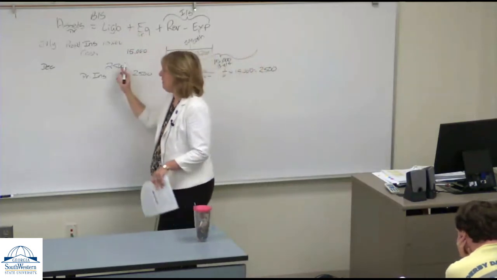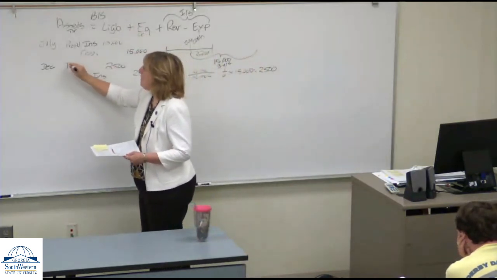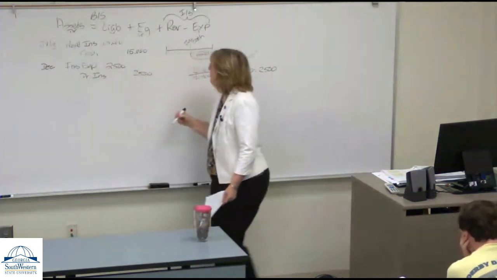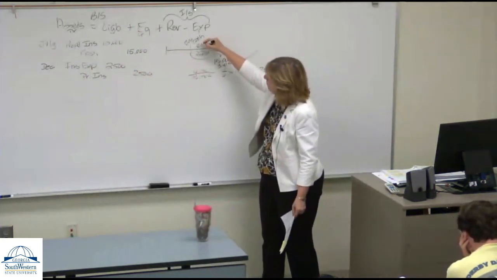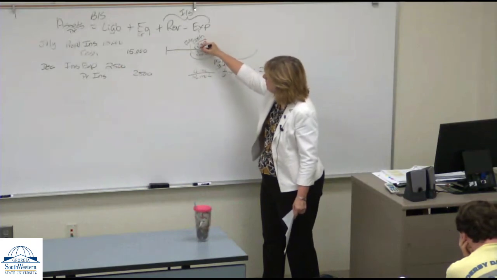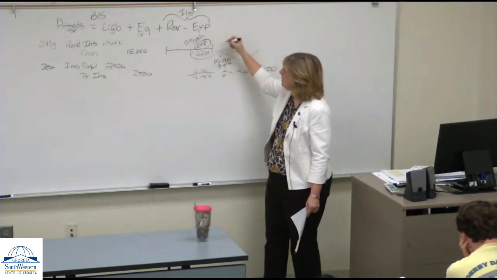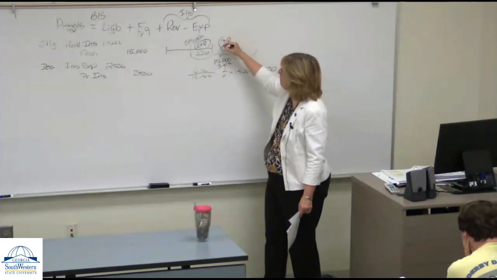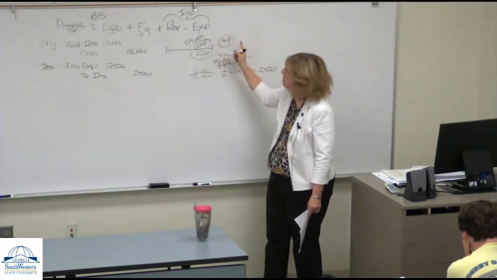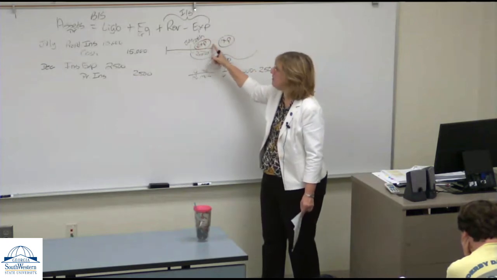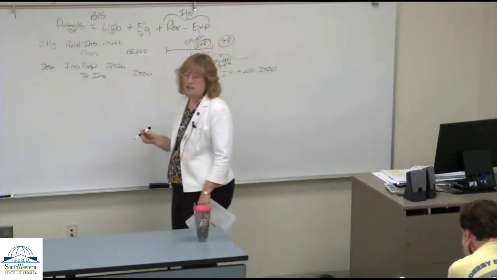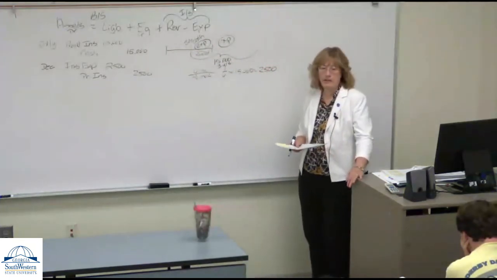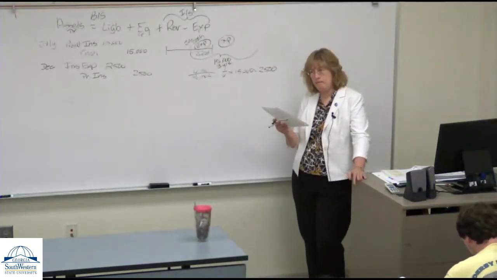Yeah, that is the right number. And then we're going to debit insurance expense. We want to record the expense for this time and leave the rest of it for next time. We're recording the part here that has expired. Okay? Does that make sense?